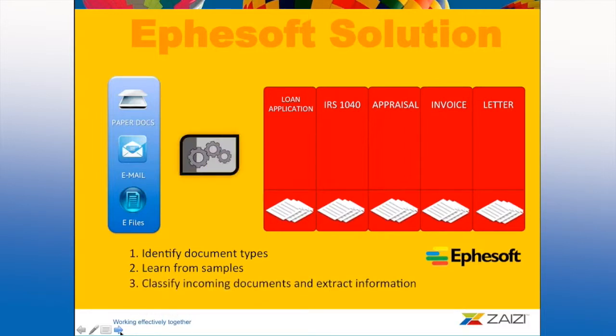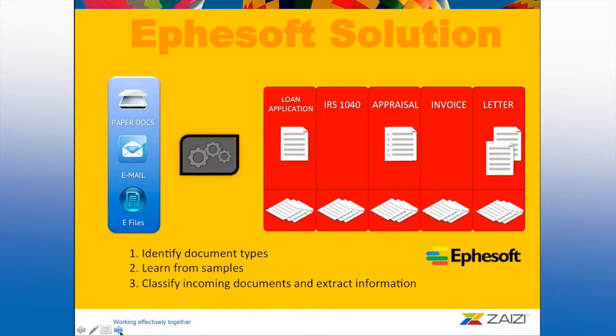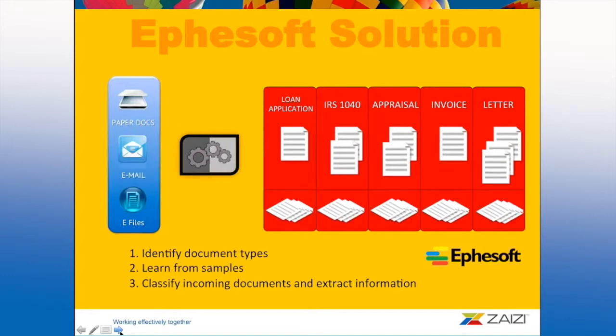Then we switch on the Ephesoft engine and start feeding those documents in. Here you see that they're coming in, and it's identifying: this is a standard letter, here's an appraisal form, an HR form, invoices, a loan application, there go a few more coming in, and it keeps feeding those in and categorizing them, putting them in specific folders.